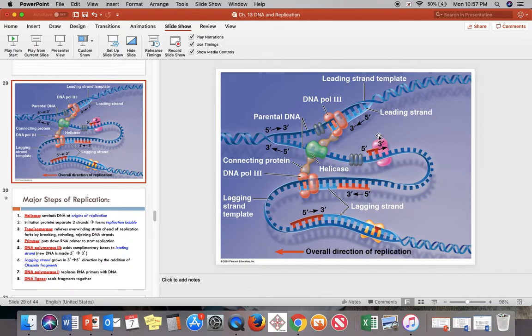When the new strand of DNA is synthesized, it synthesizes the new strand in the direction 5' to 3', meaning that the template strand is actually 3' to 5'. That's confusing. The new strand of DNA is synthesized in the 5' to 3' direction, okay?